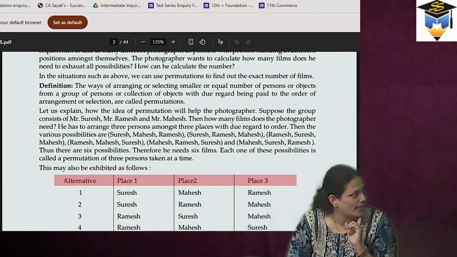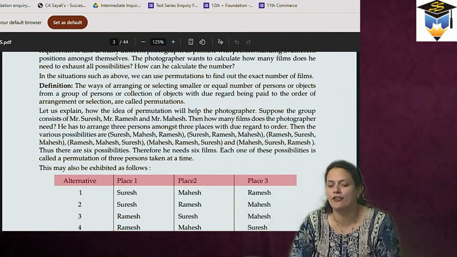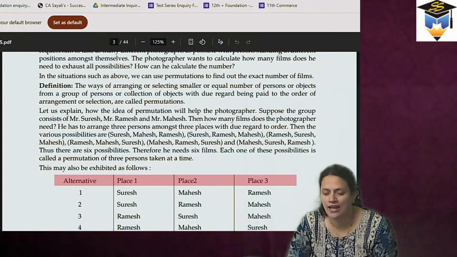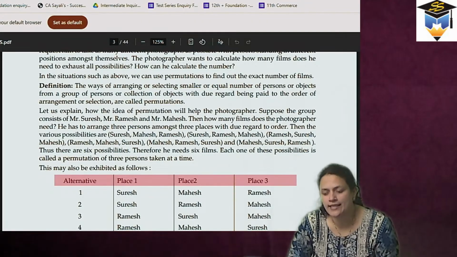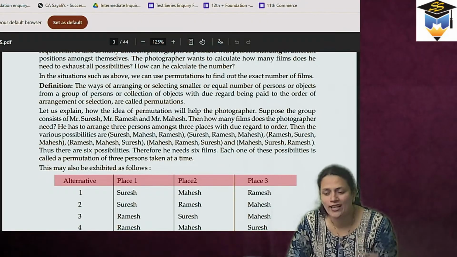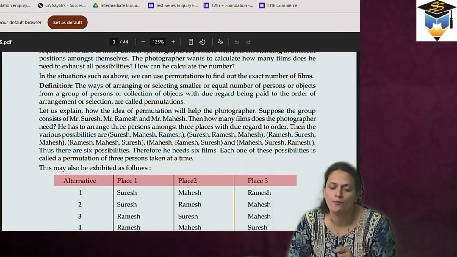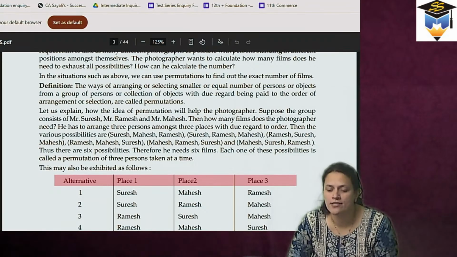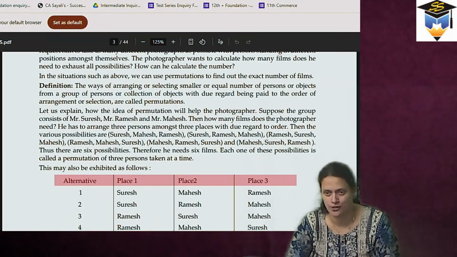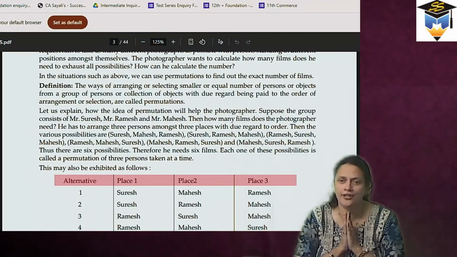So here, as you can see, they have given us the definition of permutation. The ways of arranging or selecting small or equal number of persons or objects from a group of persons or collection of objects with due regard being paid to the order of arrangement or selection. म्हणजे आता what is the order?